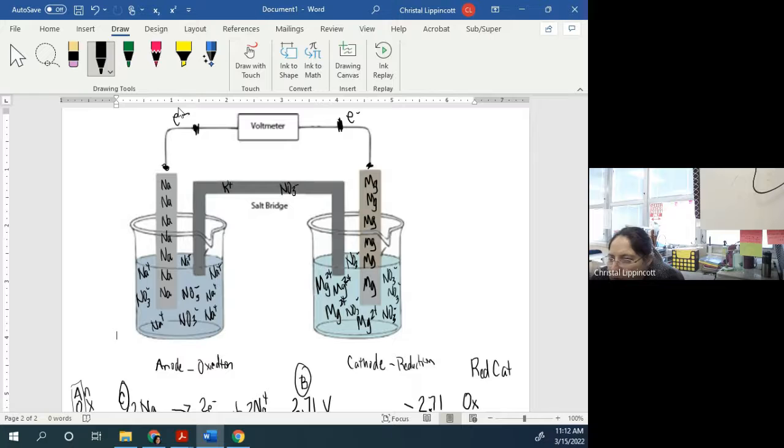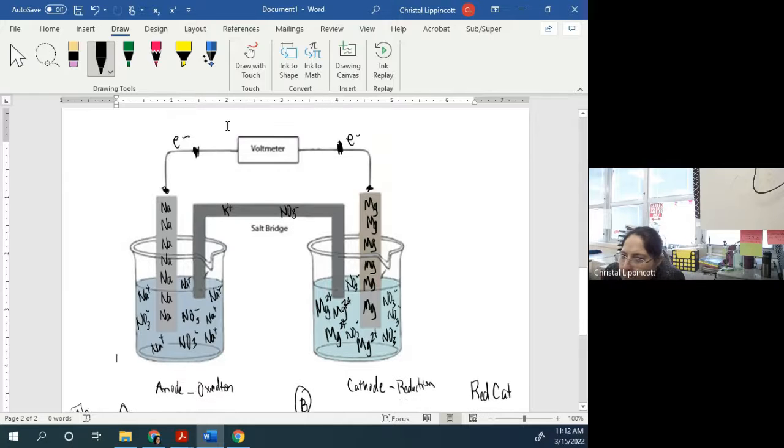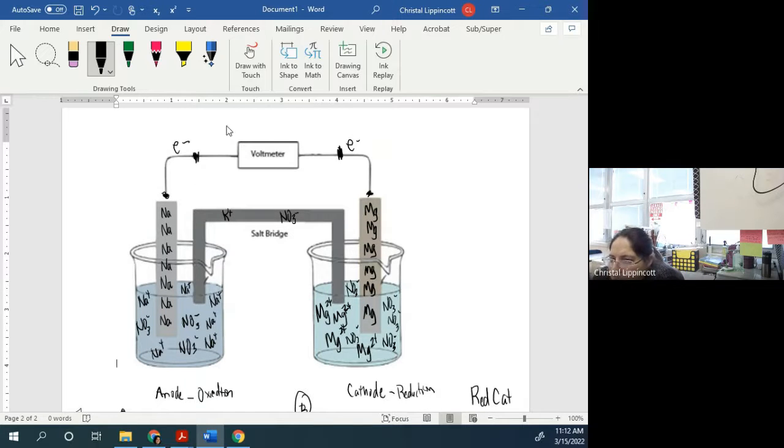Our voltmeter would read what? 0.34 volts. Our electrons are going to move over to here. One of the magnesiums from this solution is going to grab a hold of those two electrons, and this is going to form magnesium here.